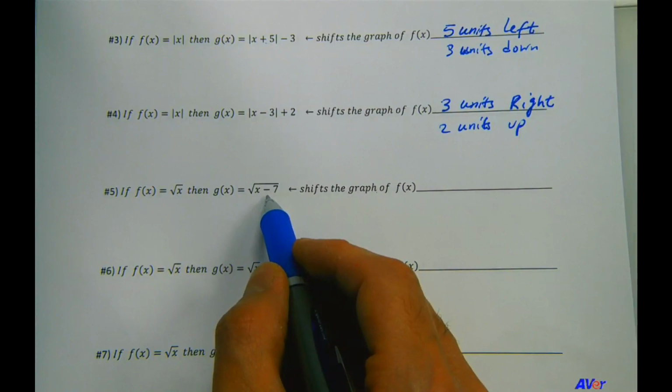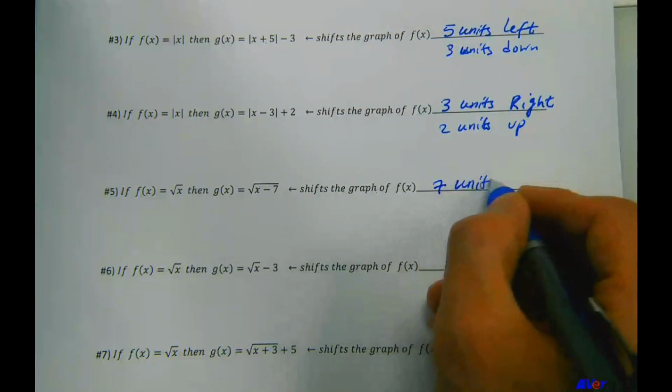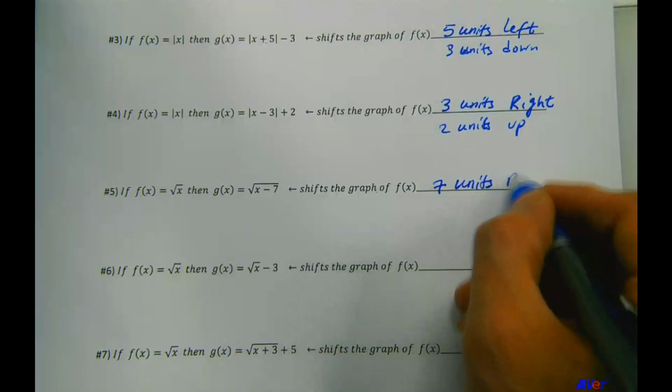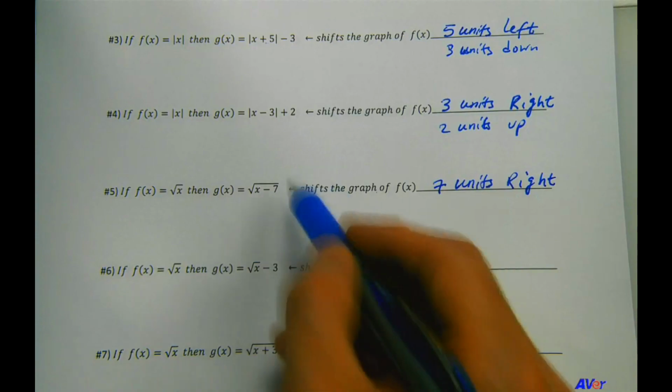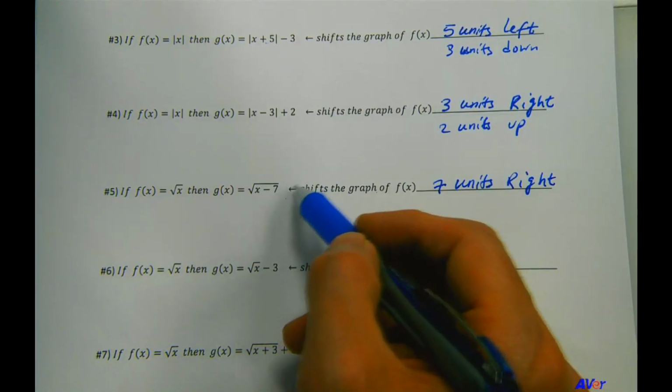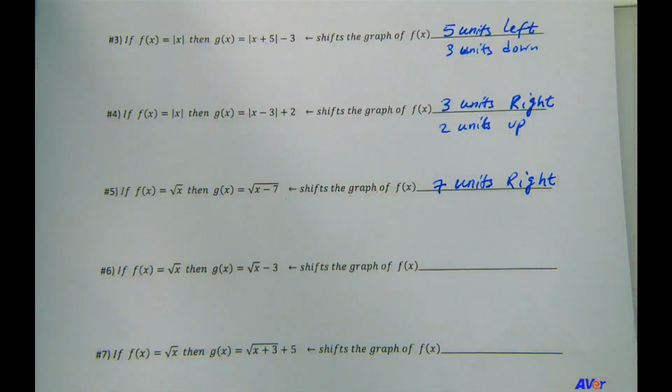To the right. So we have a shift of 7 units right. And no shift vertically, right? There is no plus 5 or minus 3 outside here. All we have is this minus 7 on the inside. Okay, so let's look at that on the computer.